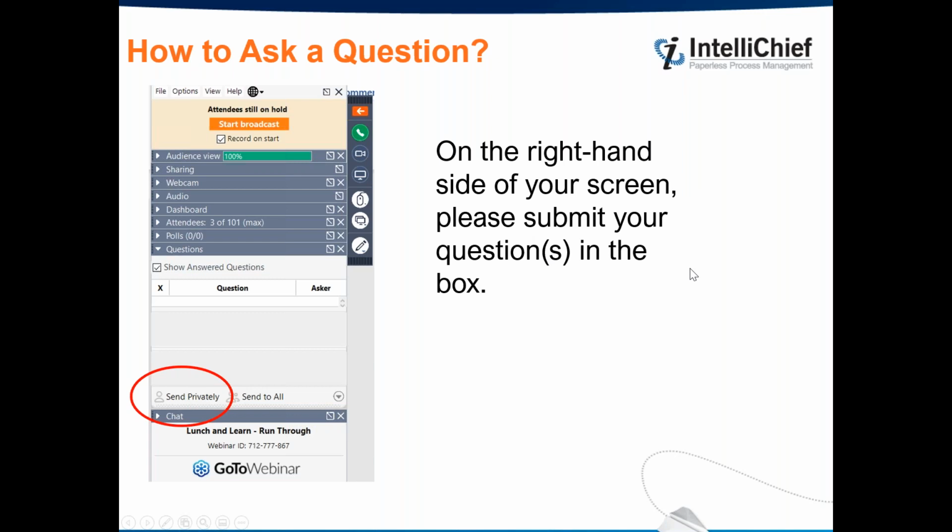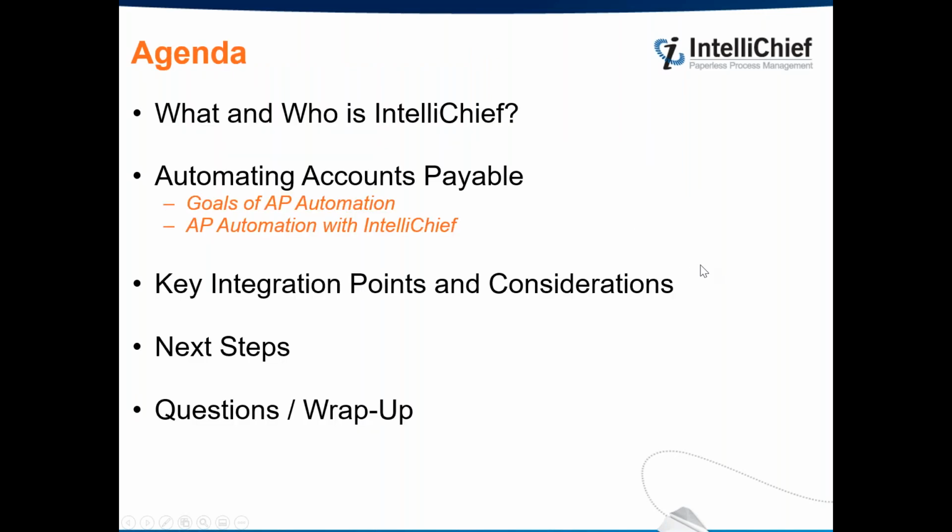So let's take a look at the agenda today. This is going to be sort of a whirlwind tour. We want to try and keep this to 30 minutes as best as possible. So I'm going to set us a baseline by giving you a little bit of a profile as to who we are here at IntelliChief and the type of solution that we offer to J.D. Edwards customers. Then we'll dive right into automating your AP process.